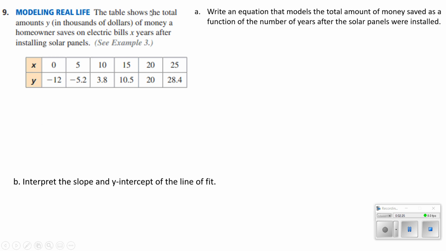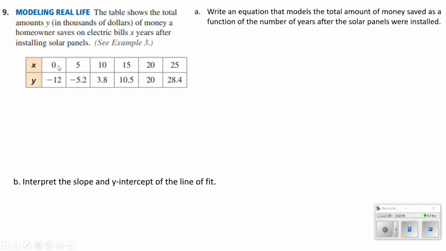Number 9 says the table shows the total amount, y, in thousands of dollars of money a homeowner saves on electric bills, years after installing solar panels. So remember, this is showing the total amount in thousands of dollars of money that a homeowner saves in electric bills, okay, for every year.